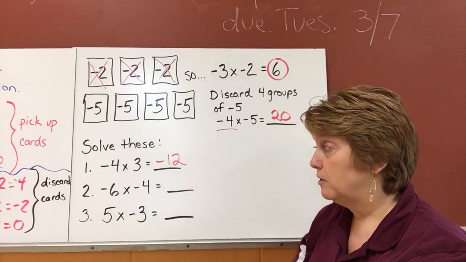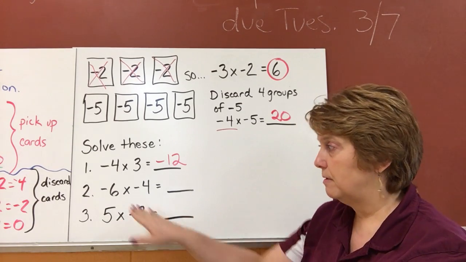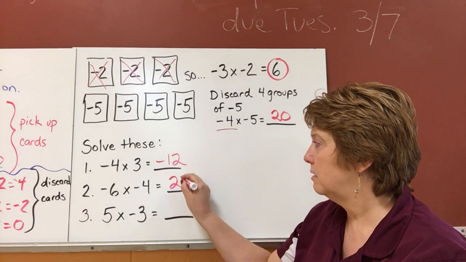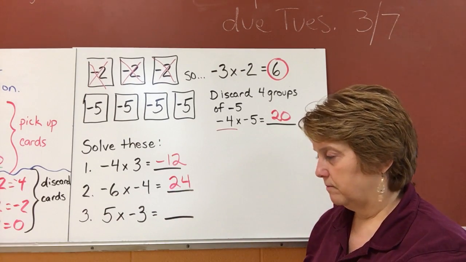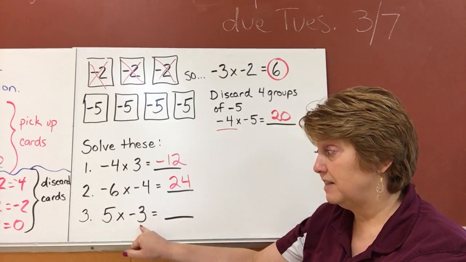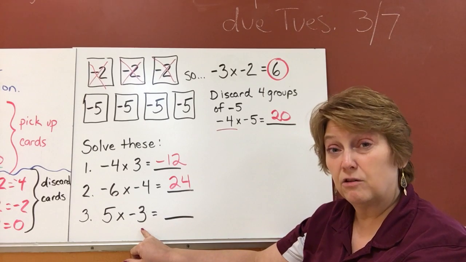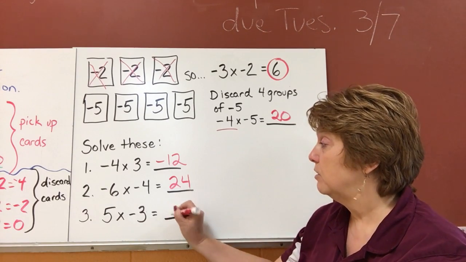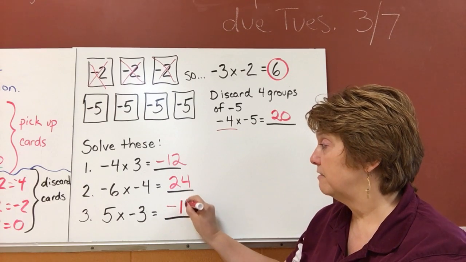It goes up. So it's actually going to go up 6 times 4, which is 24. And then if I pick up 5 cards of negative 3, my hand is going to go down 5 times 3, which is a negative 15.